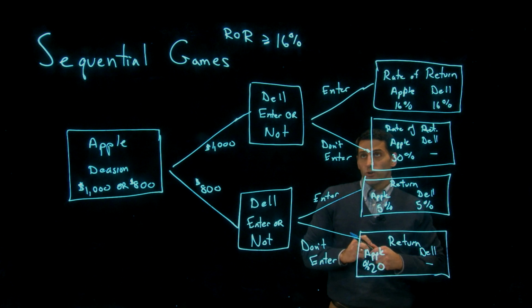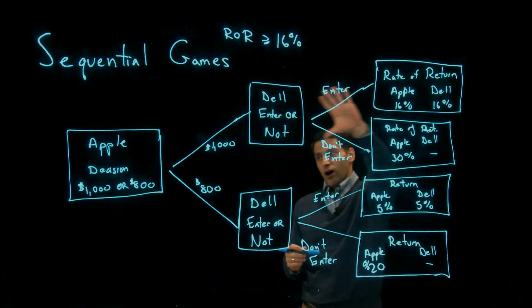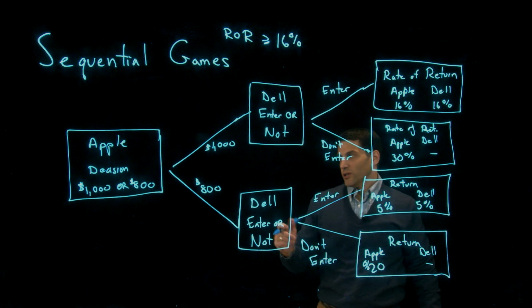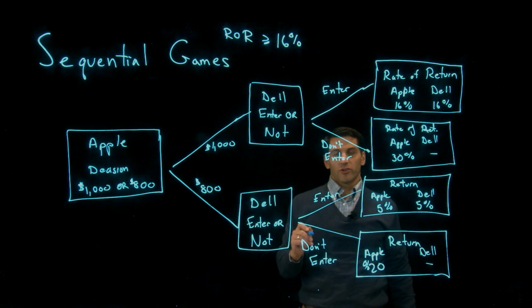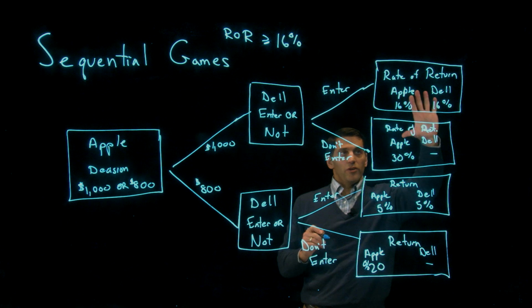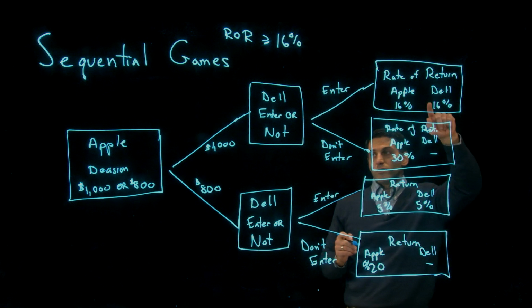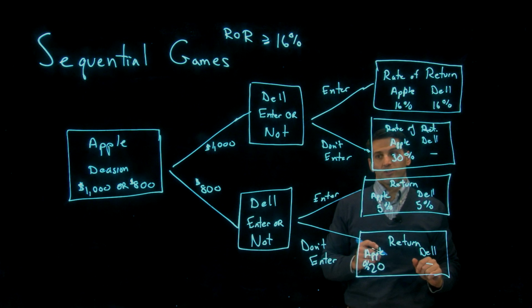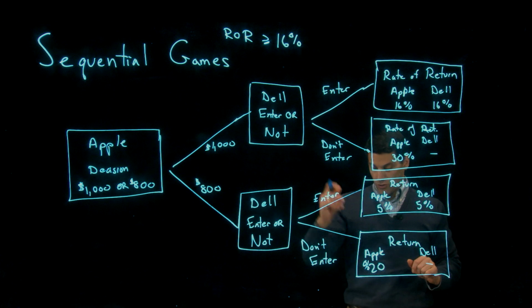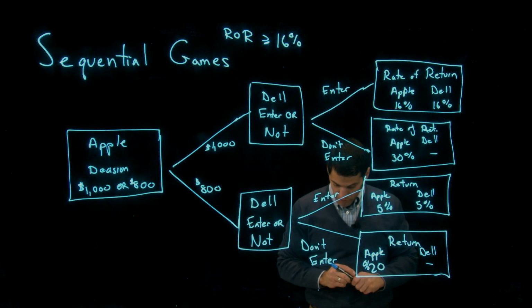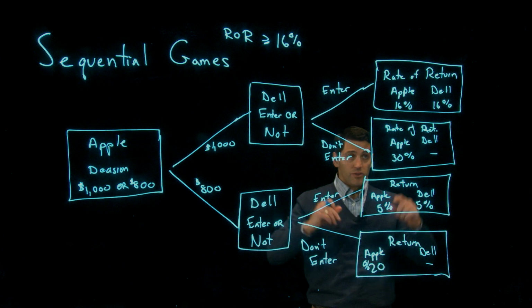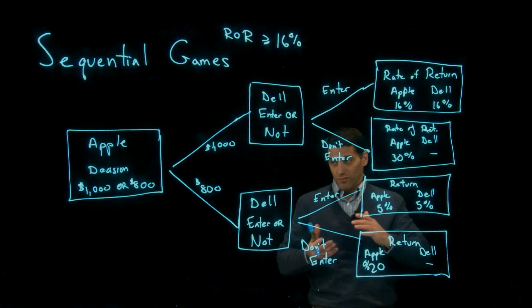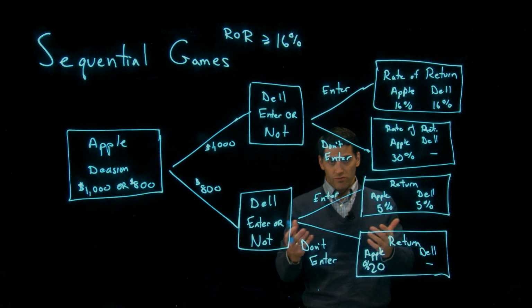Okay? And so we can go ahead and take this scenario, the top half of our game tree. So this is the case where Apple charges $1,000, so Dell is operating up here. Well, if they enter, then they're going to make a return of 16%, as will Apple. Okay? So Apple and Dell would both make a return of 16%. If they don't enter, then what is going to happen? If they don't enter, then of course Dell's return is zero, right? If you don't enter the market, you can't get any kind of return.